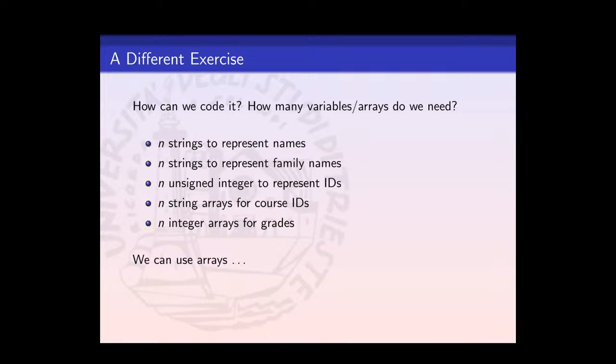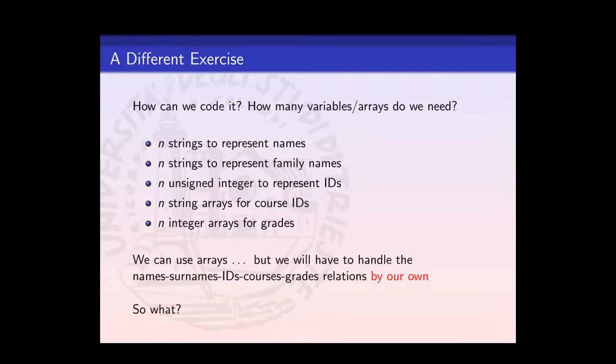Okay? And the relation between each name and each family name and each ID is due to the fact that the position in the array is the same. So the ith name in the first array corresponds to the ith family name in the second array and to the ith ID in the third array, and so on and so forth.